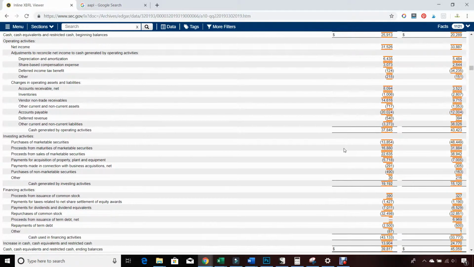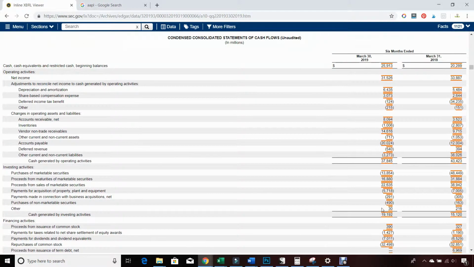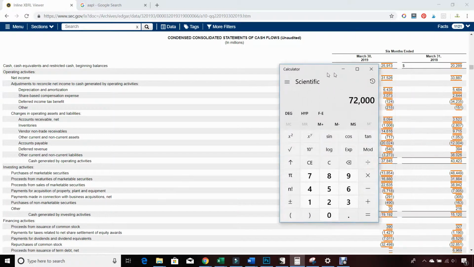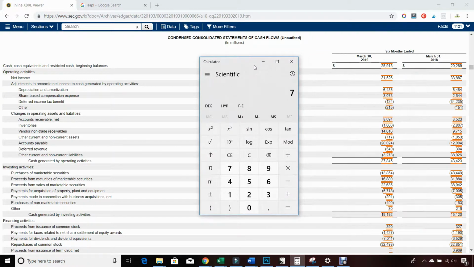So let's look at this and see what we can figure out. Apple paid dividends of $7 billion for the first 6 months of the year, and generated $37.8 billion of cash flow. So let's do the math real quick. 7 billion divided by 37.8.